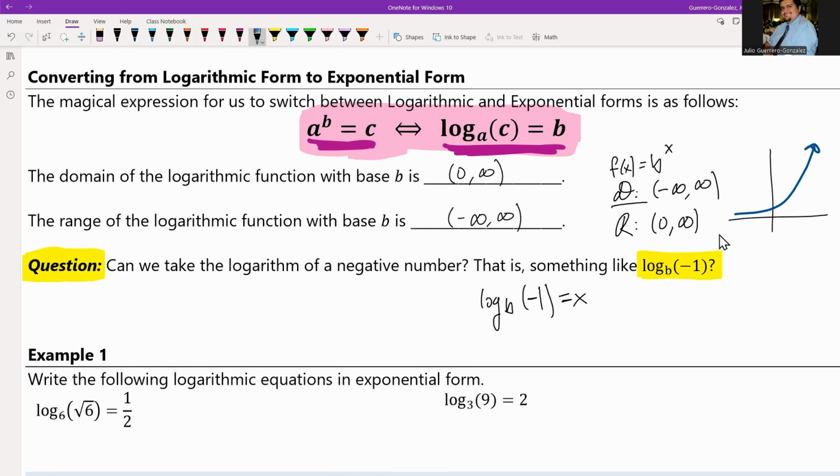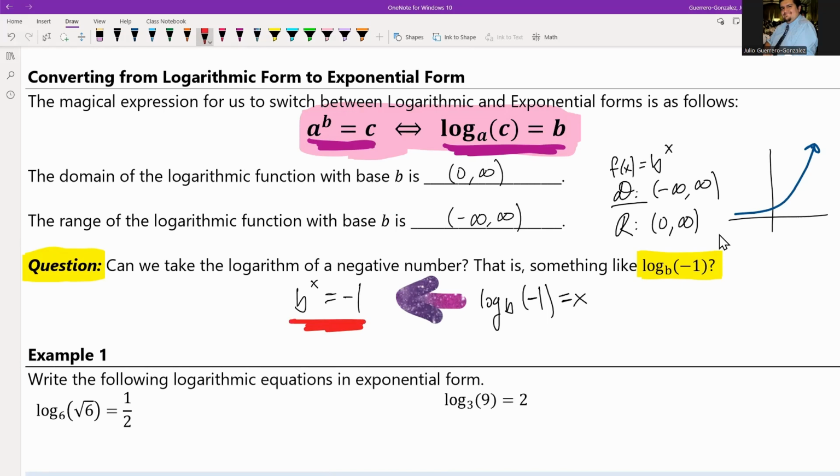So if you take a look at this, it's saying b to the x is equal to -1, right? Sound good? All right. There's a problem with this. There's a problem with that.